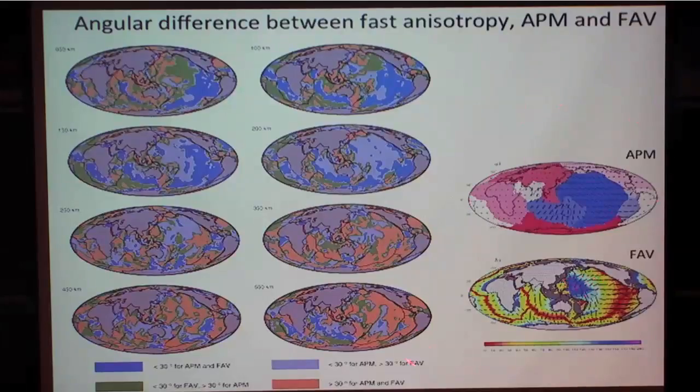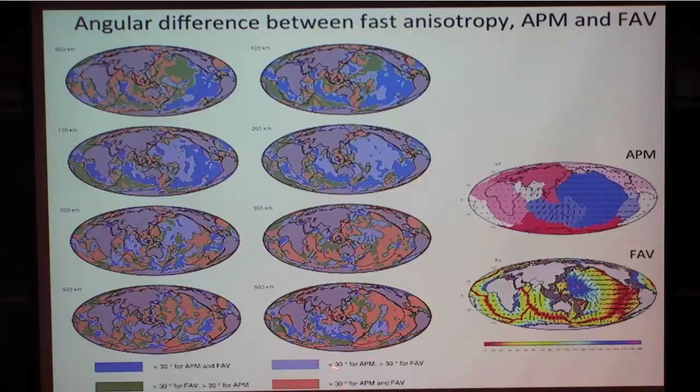And on this slide, we plot 4 colors. The dark blue one corresponds to the regions where the anisotropy agrees with the plate motion and the fossil accretion velocities, and it's mostly the young oceanic regions where the absolute plate motion is almost parallel to the gradient of the age.